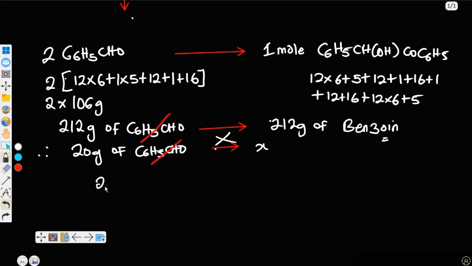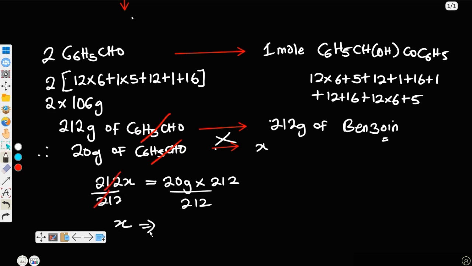So you are left with 212x would be equal to 20 gram times 212. So divide both sides by 212. This cancels this.